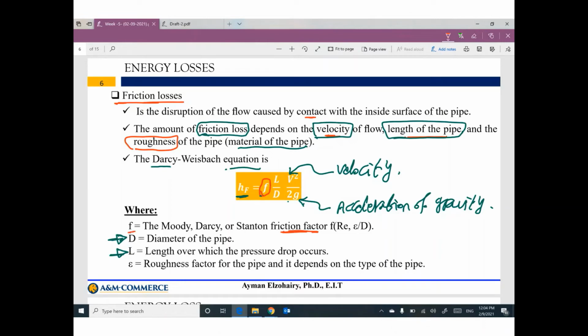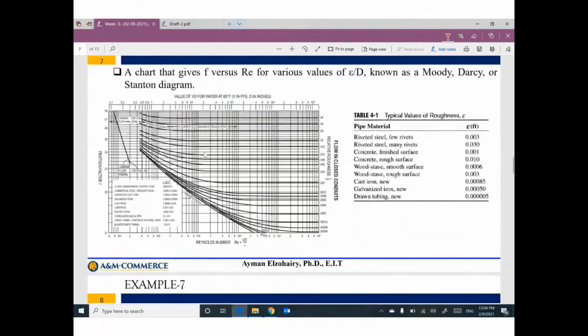And this factor can be found from this chart, based on this value, epsilon divided by D, where epsilon is the roughness of the pipe. How can I figure out the value of this roughness? Okay, from this table.